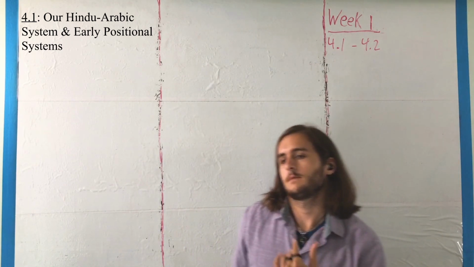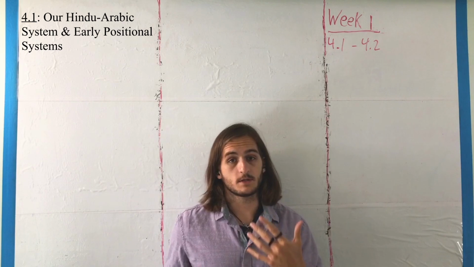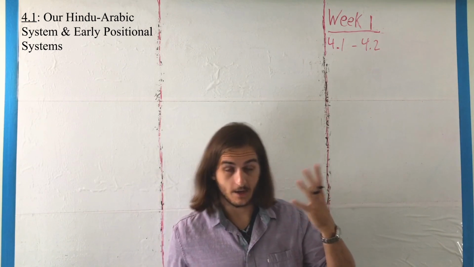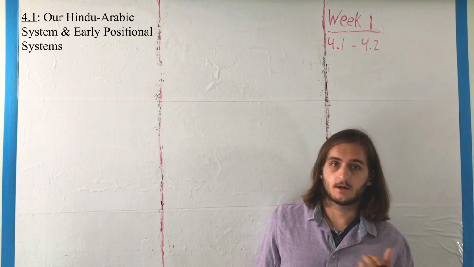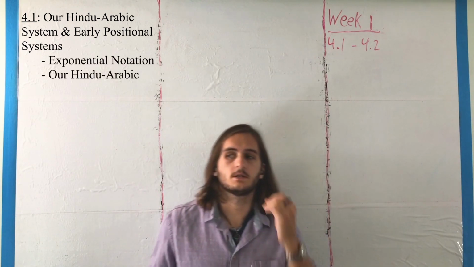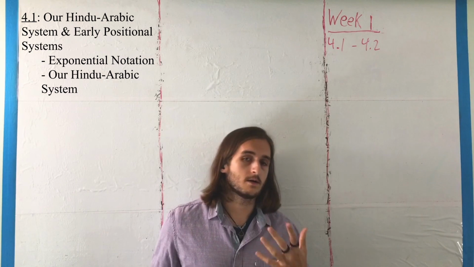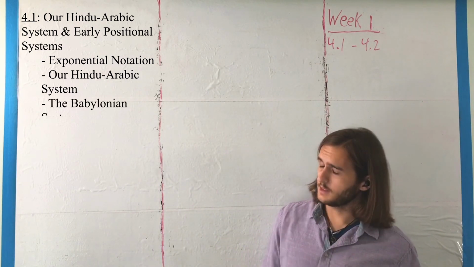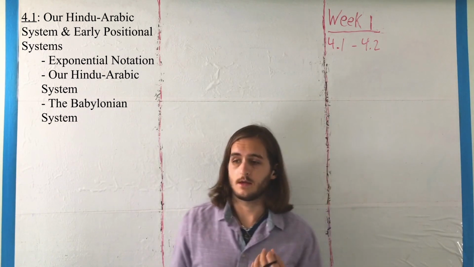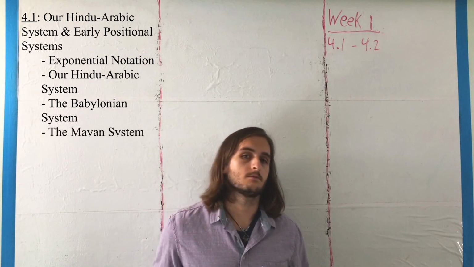That is, we're going to be looking at the number system 1, 2, 3, 4, 5, 6, 7, 8, 9, I don't want to keep counting forever, in terms of where it comes from, the fundamental pieces of it, and we're going to compare it as well to some other systems. In particular, in this section, we'll be comparing it with the Mayan and Babylonian systems.